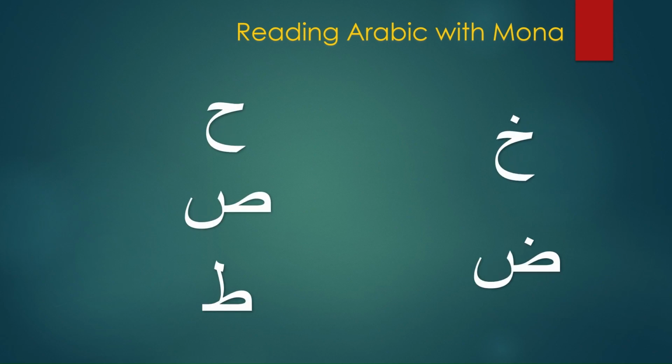Let's take a look at the Arabic sounds that we learned so far from the previous lessons. We learned Kha, Dad, Ha, Sad, Qal. All of these letters, we looked at English letters that represented them. The easiest were the Kha and Dad. Why is that? Because the K is the closest articulation or place of the mouth that produces the Kha sound.